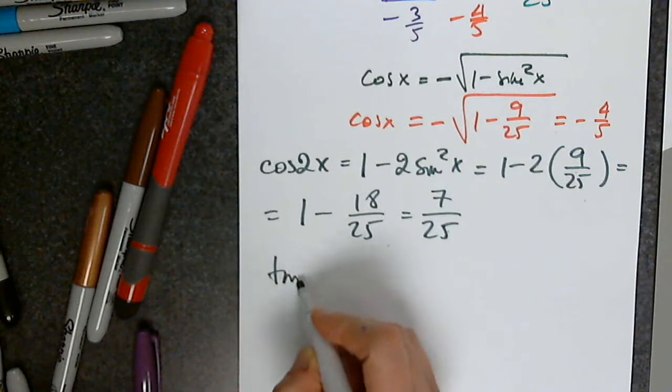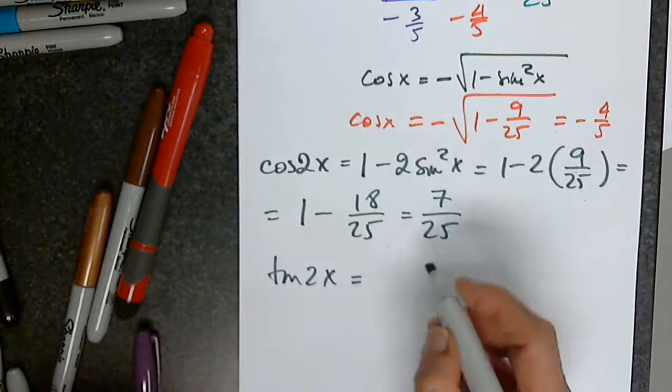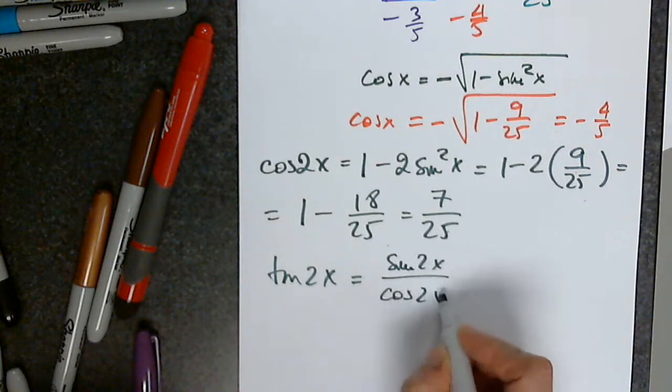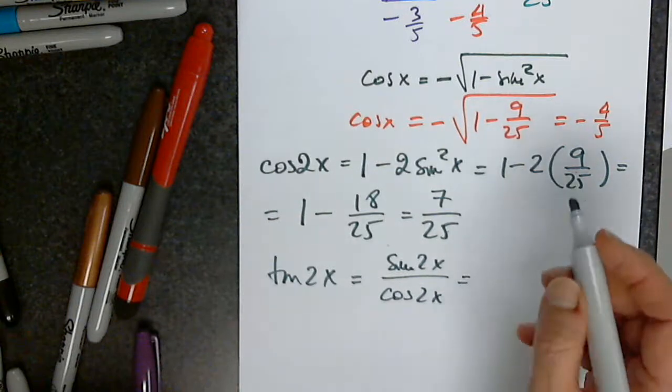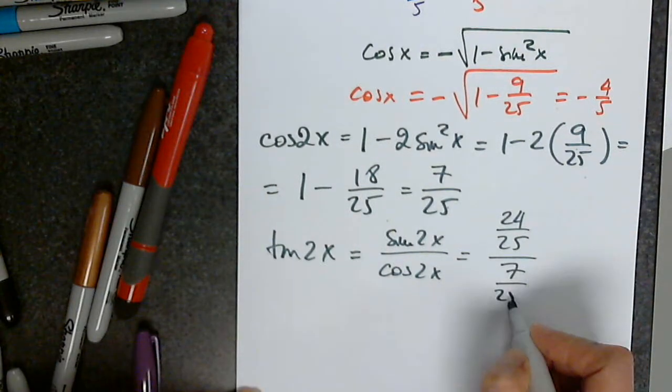Now I want to find tangent 2x. I am not going to use the formula because I know tangent 2x is sine 2x, which I have, over cosine 2x, which I have. So the top is 24 over 25. The denominator is 7 over 25.